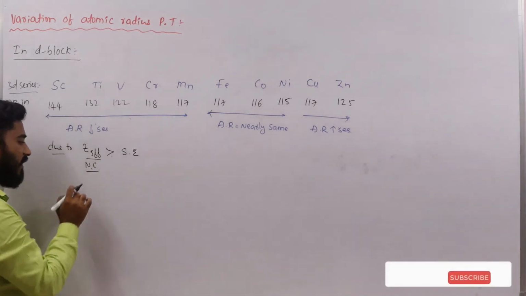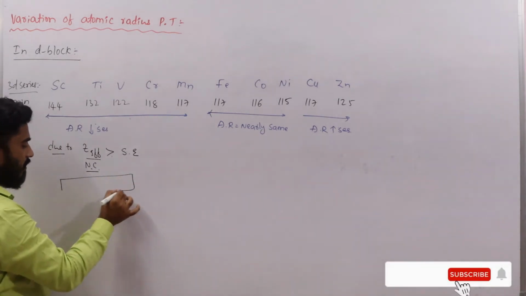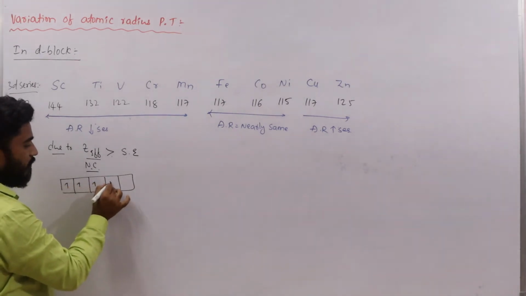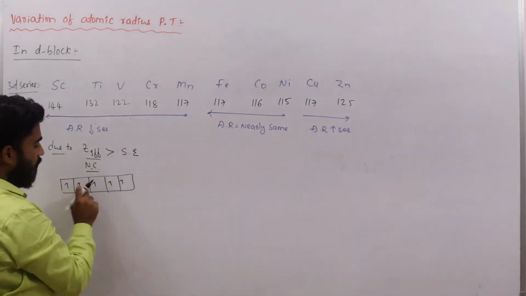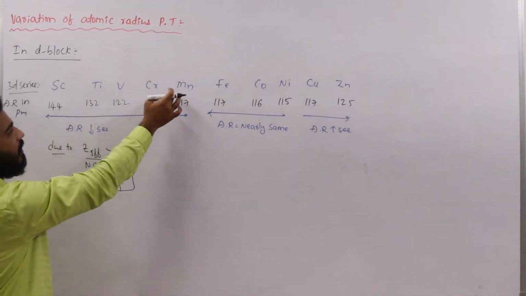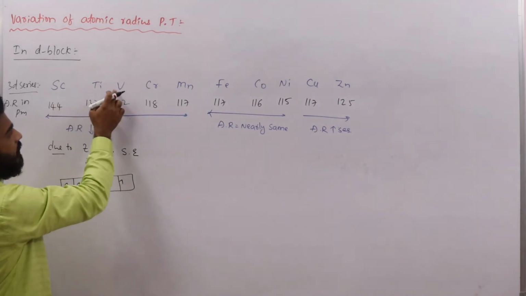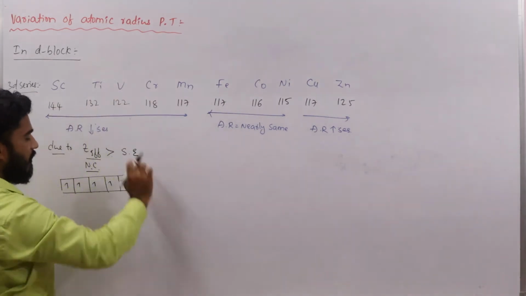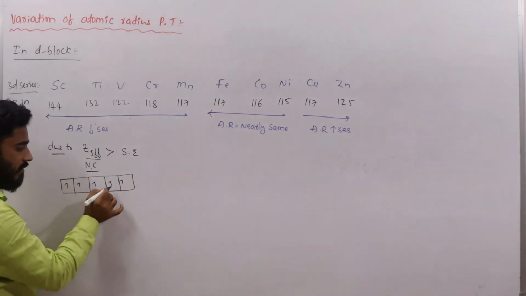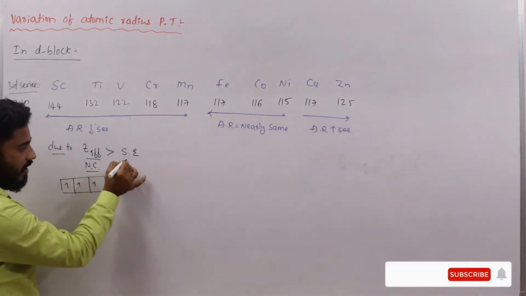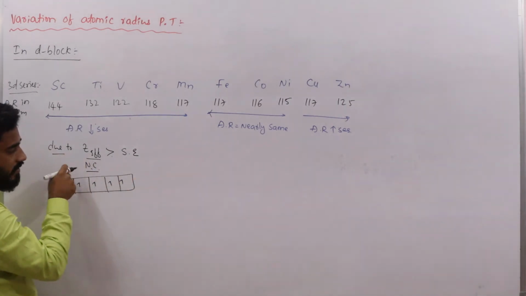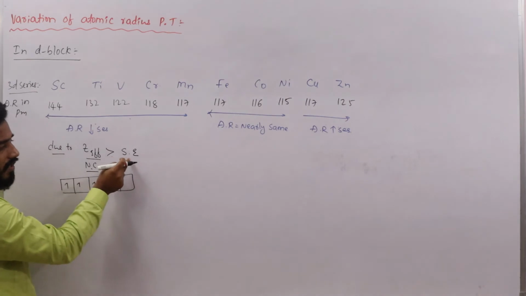Why is the shielding effect less here? When you observe the d orbital, up to manganese there are only 5 electrons: d1, d2, d3, d4, d5. Due to the smaller number of electrons, the shielding effect is also less. That's why the nuclear charge is more than the shielding effect.